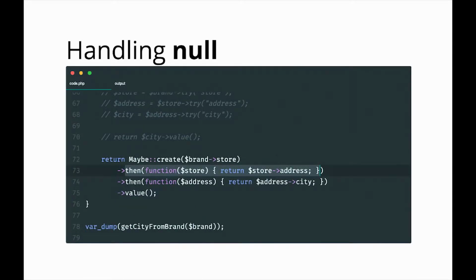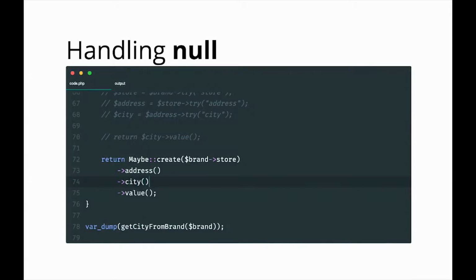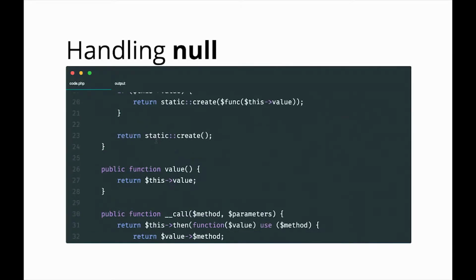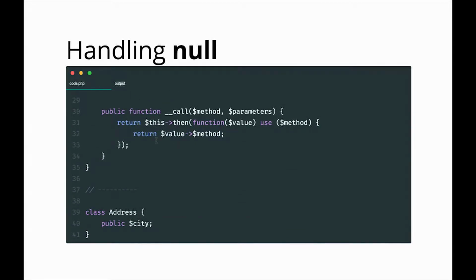But now we could replace this with something like address. And we could replace this with something like city. Let me execute this and see if it works before I explain why we can do that. Yes, it does. Now, instead of calling then with a function that does the lookup, which is what we wanted, we still have that functionality to use if we need it.